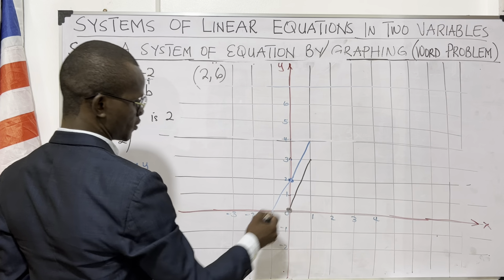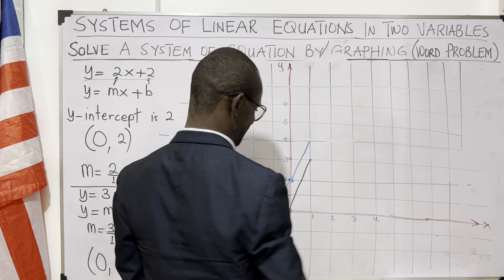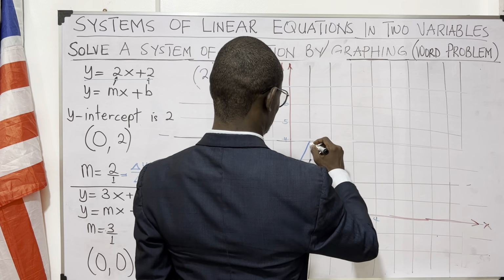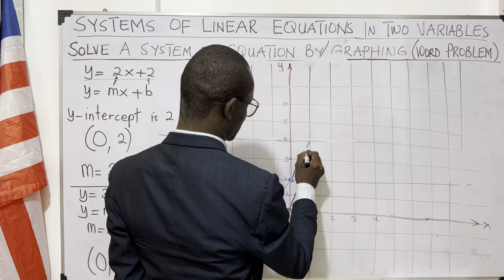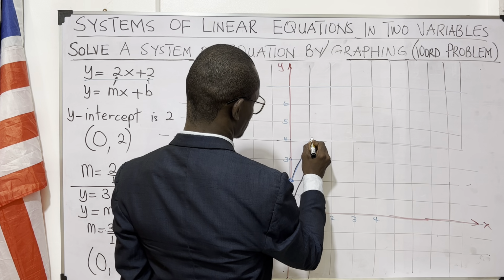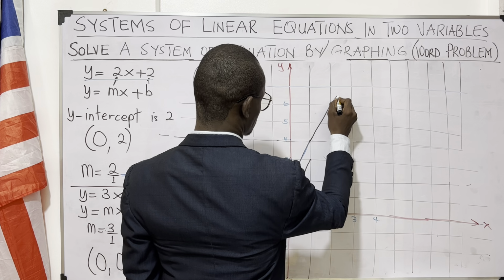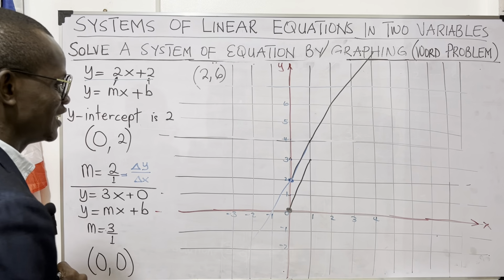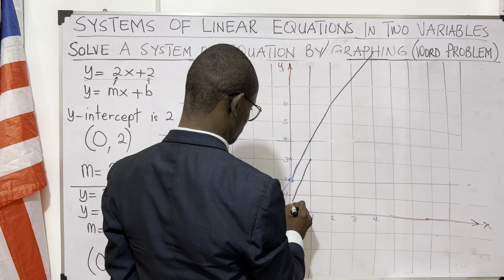Now we have to run the 2 lines. We know that they will intersect. So this one goes like this, and this one goes like this. It's still not really perfect. This other one goes like this as well.